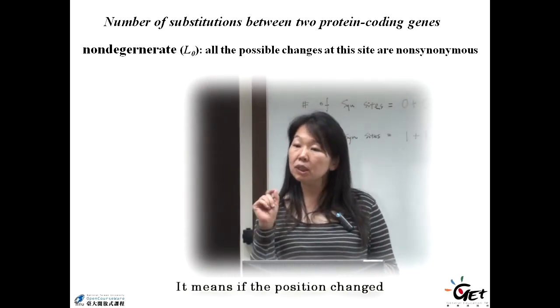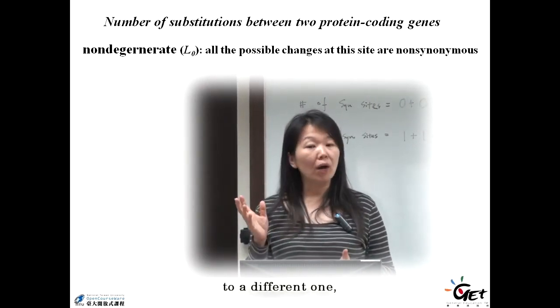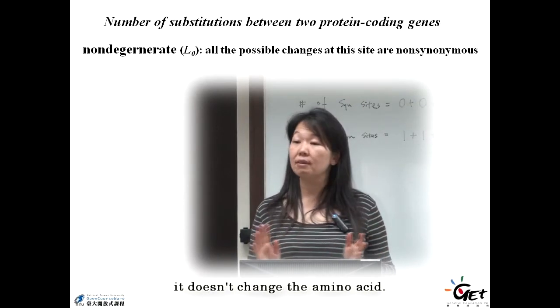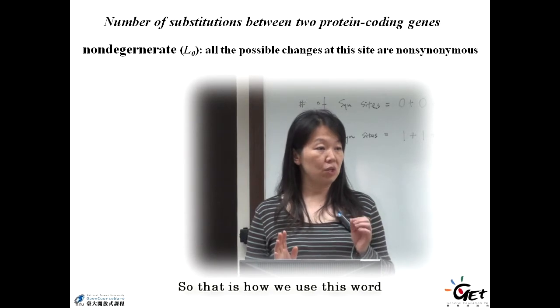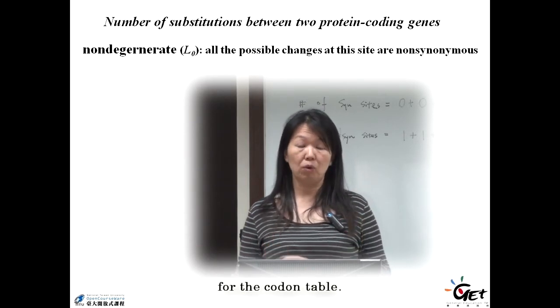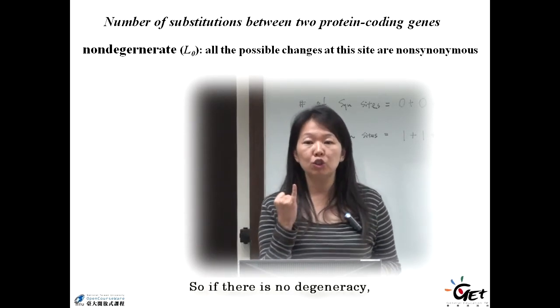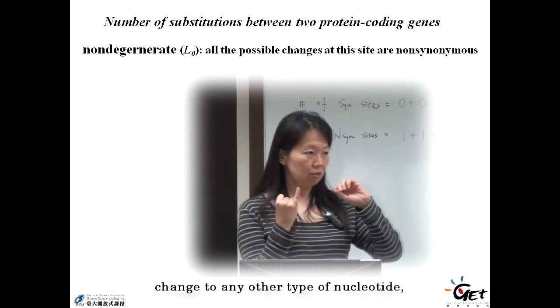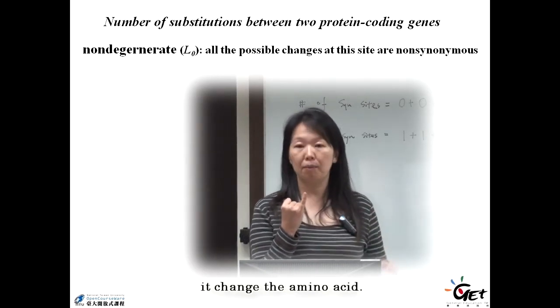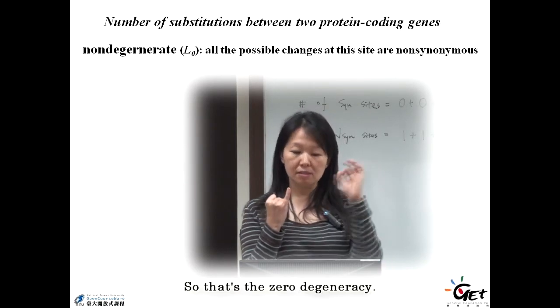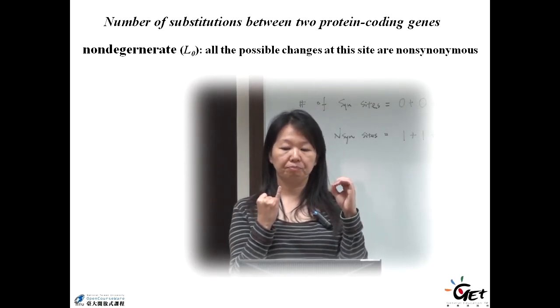It means that if the position changes to a different nucleotide, it doesn't change the amino acid. That is how we use this word for the codon table. So if there's no degeneracy, it means a change to any other nucleotide changes the amino acid. So that's the 0-fold degeneracy.